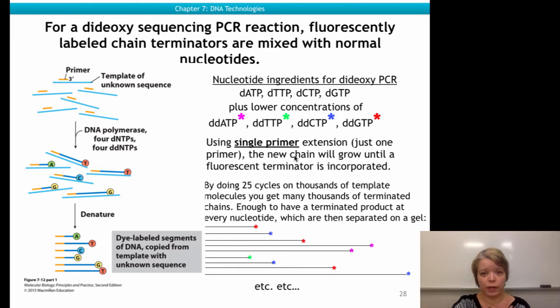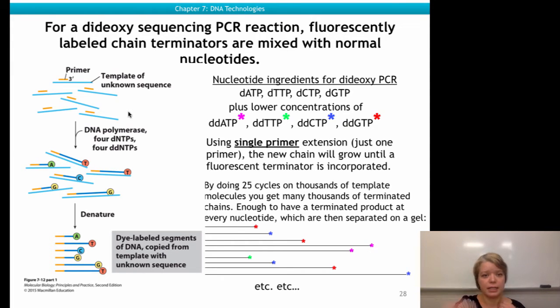When a Sanger sequencing reaction is set up, you have one primer instead of a PCR reaction where you have two. So the dideoxy sequencing reaction uses one primer and a template of unknown sequence.